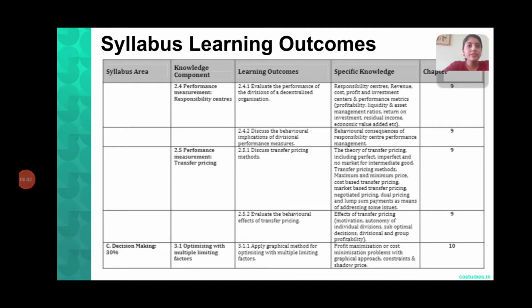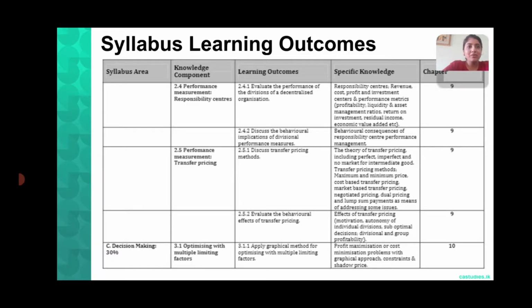Next we have new knowledge component 2.4, performance measurement responsibility centers. And then we have again performance measurement transfer pricing. So all of these are created with the goal of maximizing profit and minimizing inefficiencies. Alright. So you are expected to evaluate, discuss. That's it.